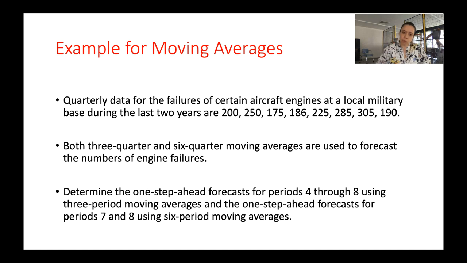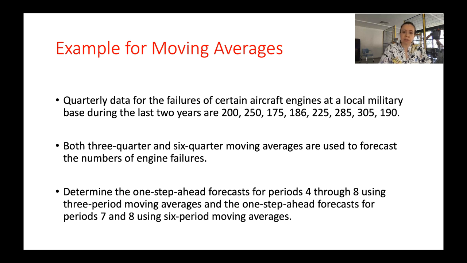We choose n as 3 and 6. It is asking to determine the one step ahead forecast for periods 4 through 8 using 3 period moving averages, and the one step ahead forecast for periods 7 and 8 using 6 period moving averages.